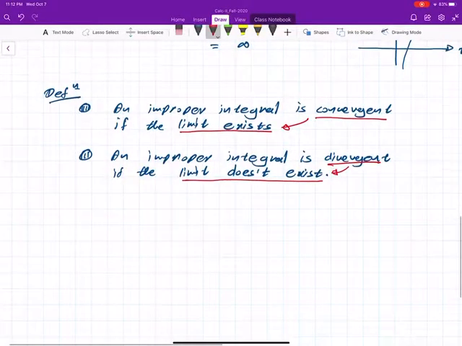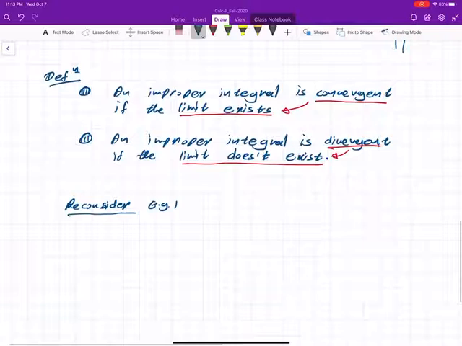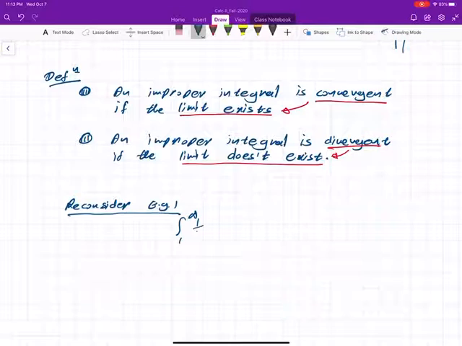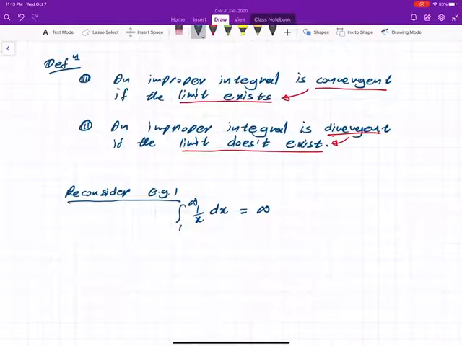Okay, so consider example number 1. This was the given problem to you: integration from 1 to infinity of 1 over x dx. This was infinity. Now you see the limit does not exist. This means infinity means the limit does not exist.